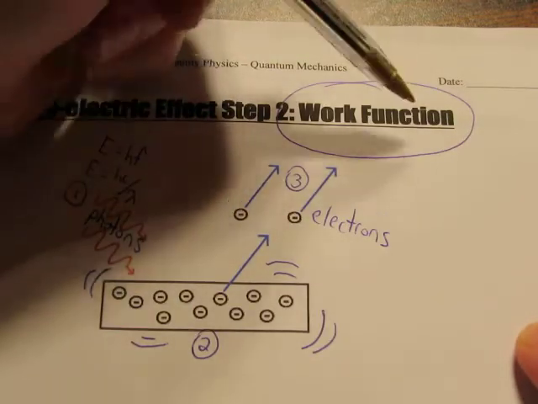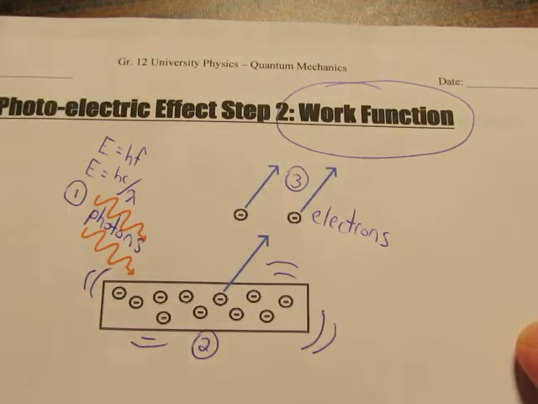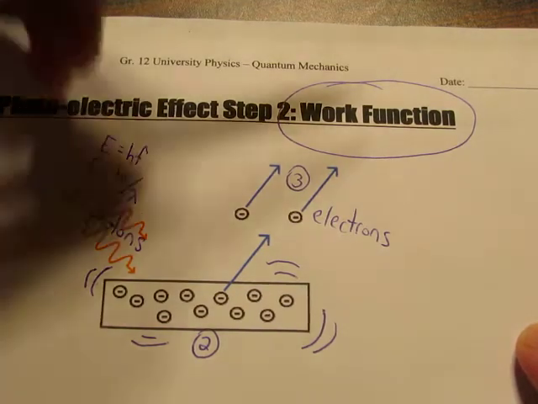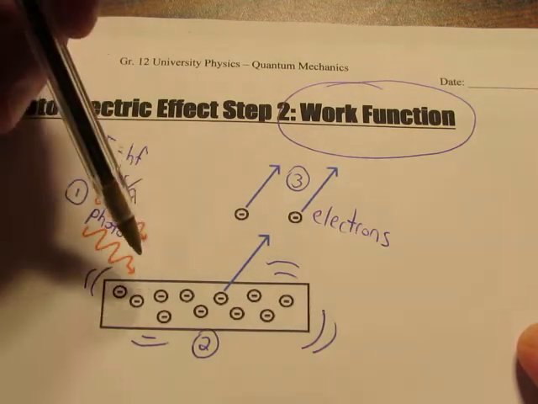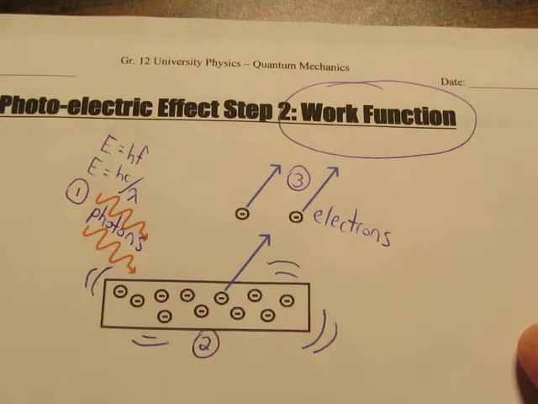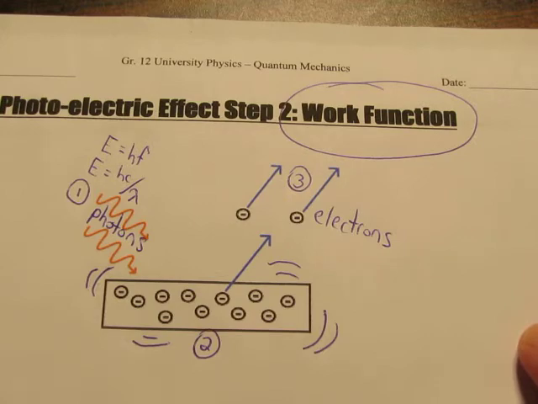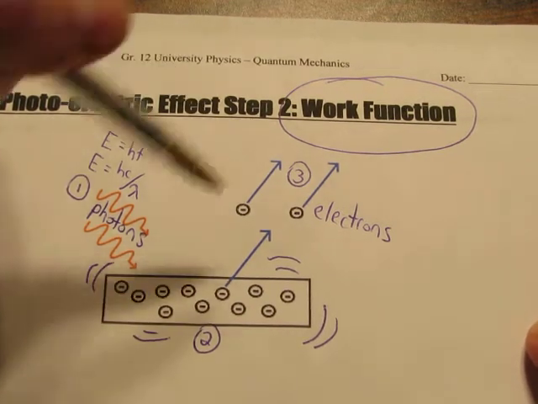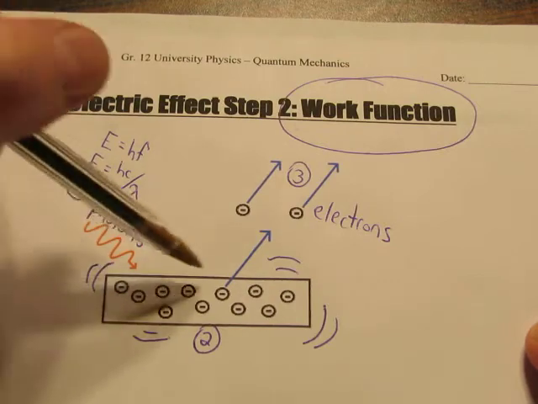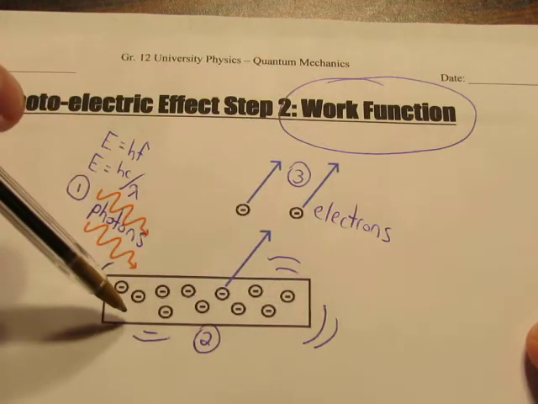The word function is tacked onto the end just to differentiate it a little bit from what you normally think of as work, because there isn't actually an object moving in this question, scraping along a surface like work we've done in grade 11 and in the first part of grade 12. So each metal has the ability to convert some of this light energy into work. And every single metal is different.